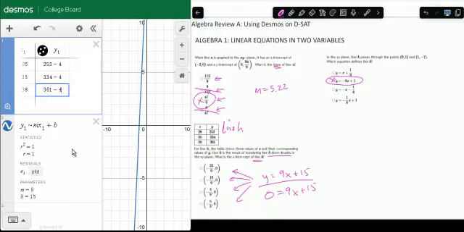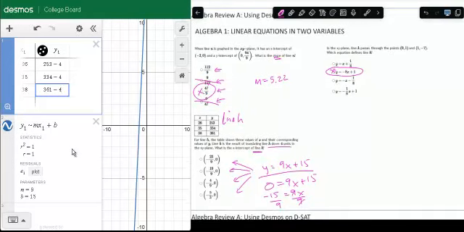We can use the calculator for this, but it's probably just as easy to subtract 15 from both sides, divide by 9, and there's our x value. 3 goes into 9 three times, 3 goes into 15 five times, so you get -5/3 when y is 0. So at this point, you can find your equation and use that equation to calculate which of those points would fall on that line.